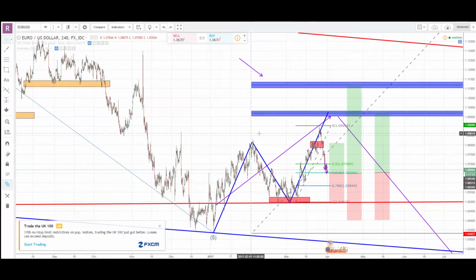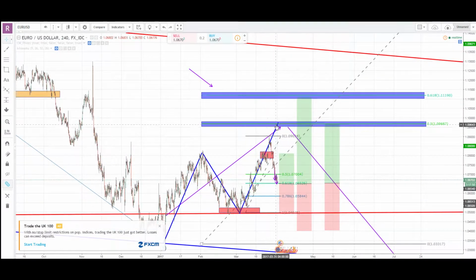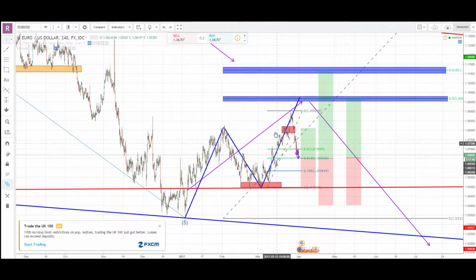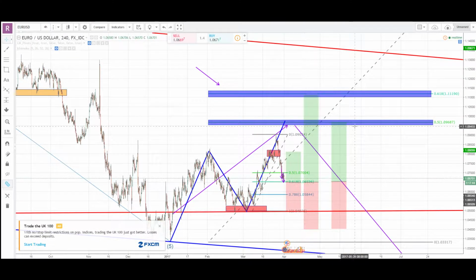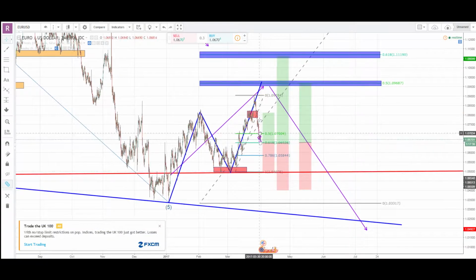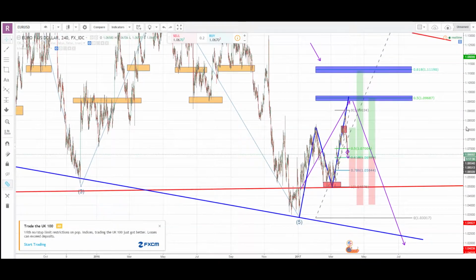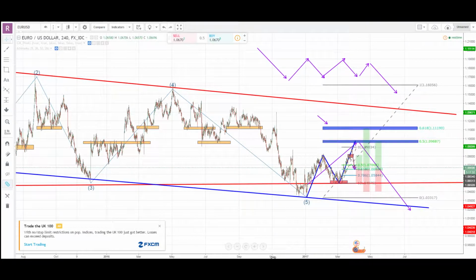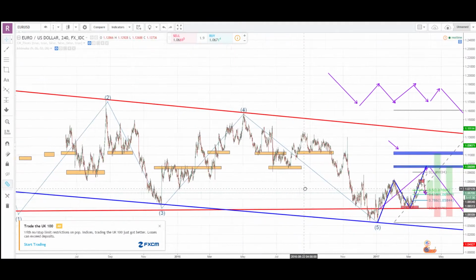Basically what I want to do is to complete the ABC pattern, which is this blue, and reach our 0.5 fib, maybe even reach 0.61 fib and go lower, as Elliott Wave says. That's our command. Follow your rules and your setup and your trading plan.